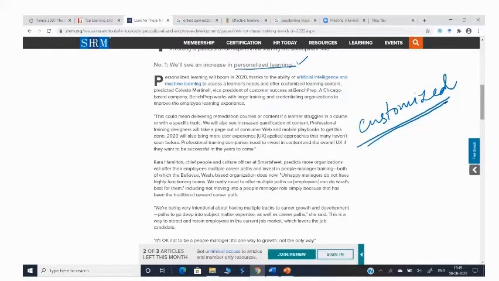That means training and development has to be crafted depending on the particular need of an individual. And why has this become more important? Because of the use of more artificial intelligence.